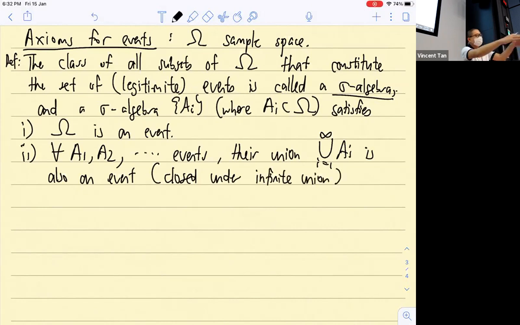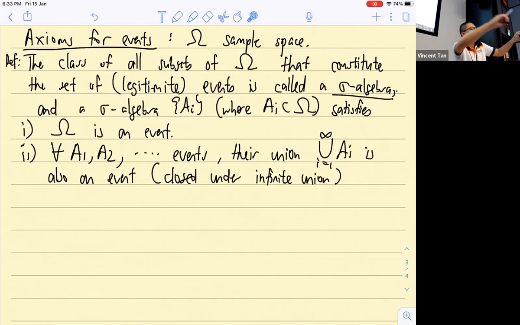So what I have here is a sigma algebra, which is a set of subsets, these A's, right? I start with this. Omega must be part of this family.